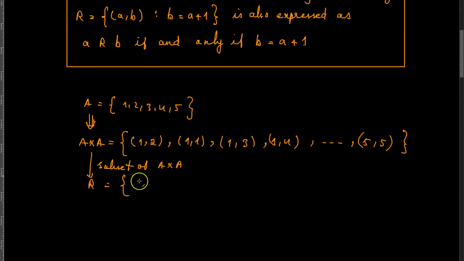So you get some of these ordered pairs, for example, (1, 2), (1, 1), and (1, 3), and let's say that this is a subset of this set, and then that becomes your relation, right?